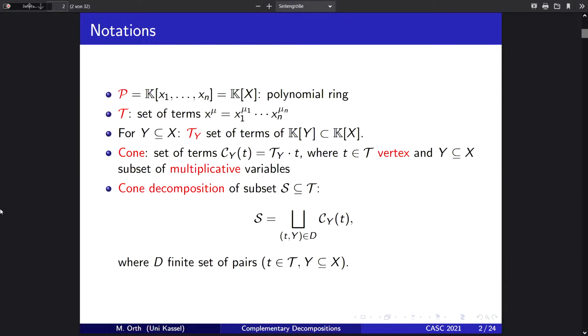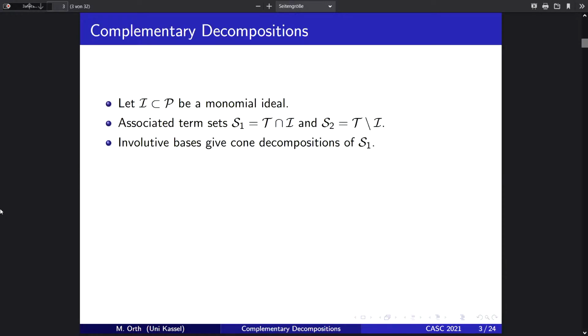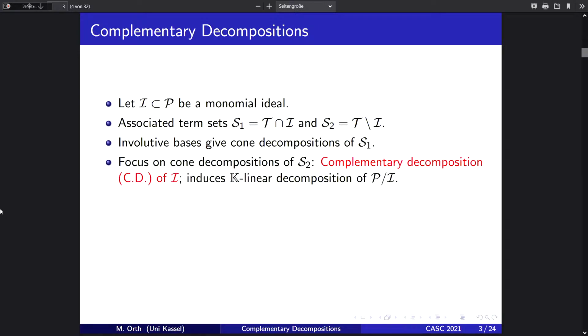We want to look at decompositions for certain sets associated to monomial ideals. To such a monomial ideal, we can associate term sets S1, which are the terms in the ideal itself, and S2, the other terms. Involutive bases, we'll get to this in a moment, give cone decompositions of S1. In this talk and this work, we concentrate on cone decompositions of S2.